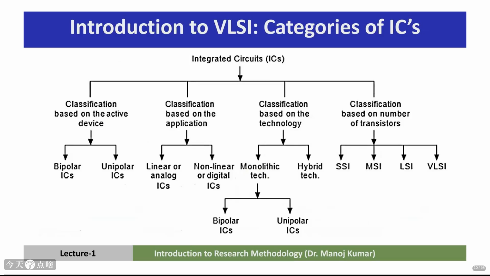Third, based on technology, monolithic means everything on one chip, while hybrid involves combining multiple chips or components. And finally, based on the number of transistors, which we just saw, SSI, MSI, LSI, VLSI, ULSI, GSI. Understanding these categories helps us choose the right type of chip for a specific task.